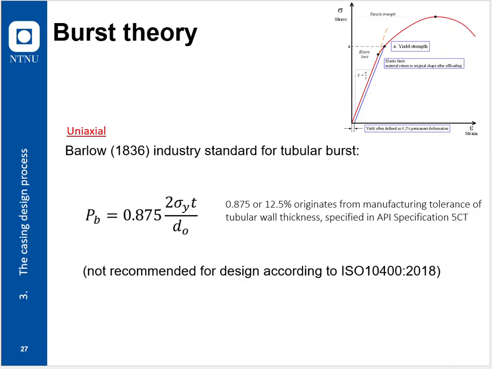It's long before the theory was settled on modern material science, understanding what was going on, and some of his deductions are not entirely correct. I leave you guys to read that in ISO 10400.